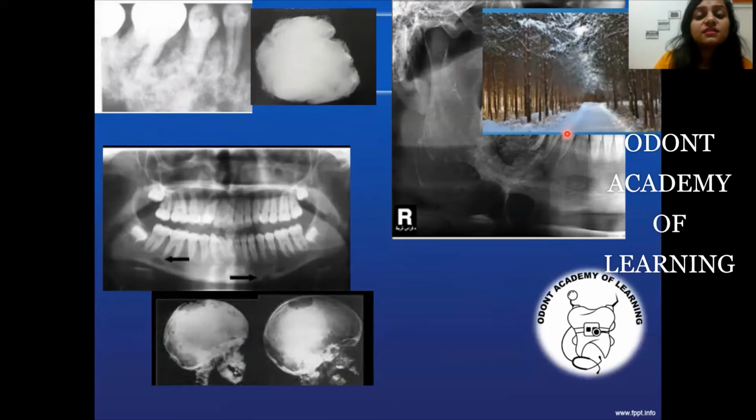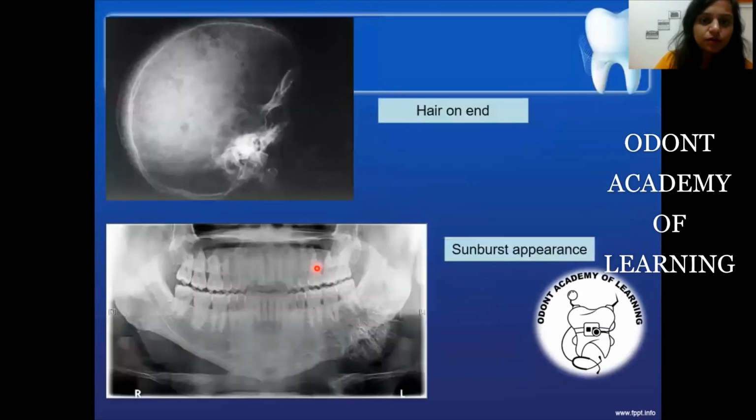Then you have the characteristic CEOT, that is, the driven-snow appearance, or basically tire tracks, which are seen in calcifying epithelial odontogenic tumor. And these are the punched out lesions, which are also seen in the skull and in the mandibular region, usually seen in multiple myeloma.